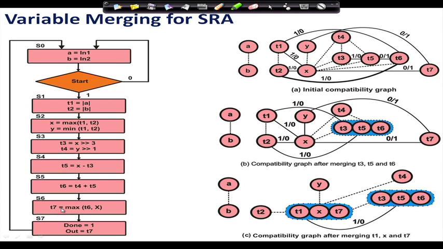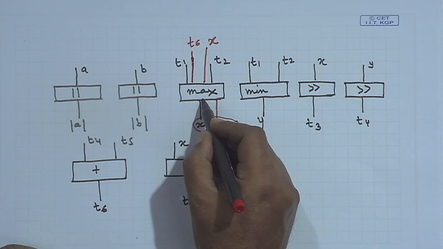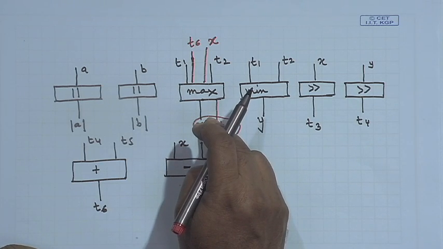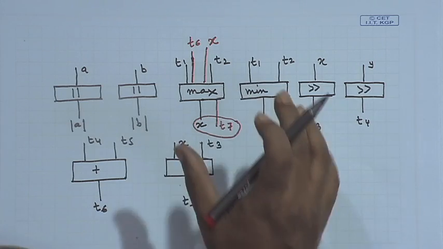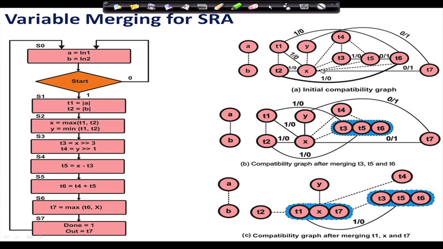So, X and T7 are using the same operator as the output. Since both of them are coming from the same operator as the output in two different control steps, I can try to merge them. There is a possibility of merging. So, this merging possibility is being shown here. So, that is 0 1. I hope it is clear.